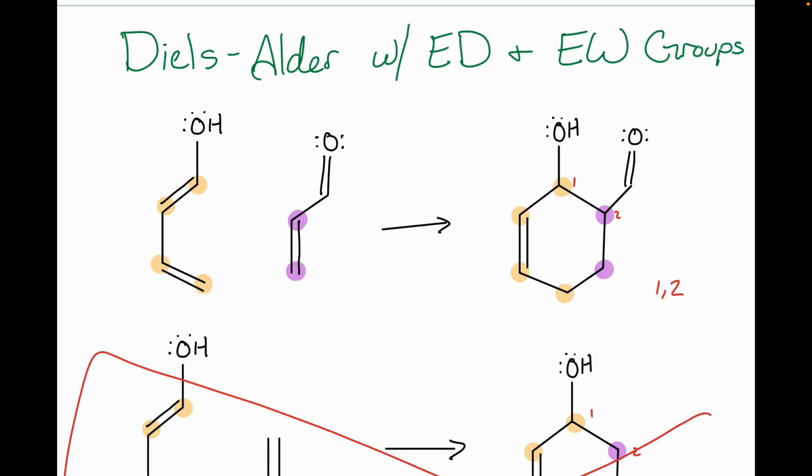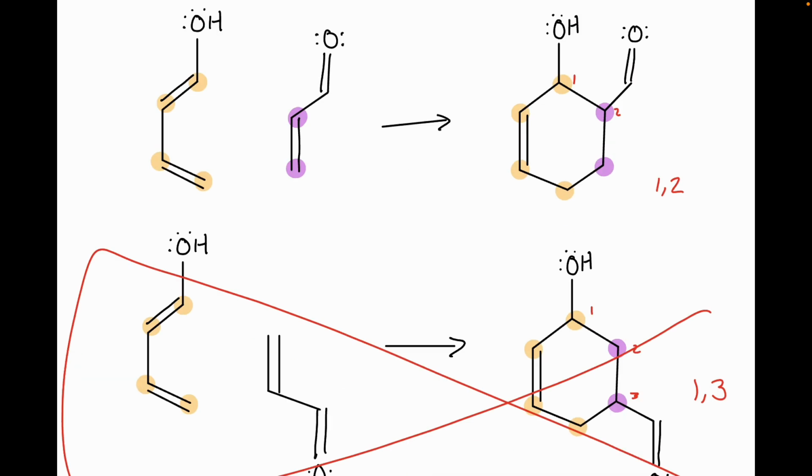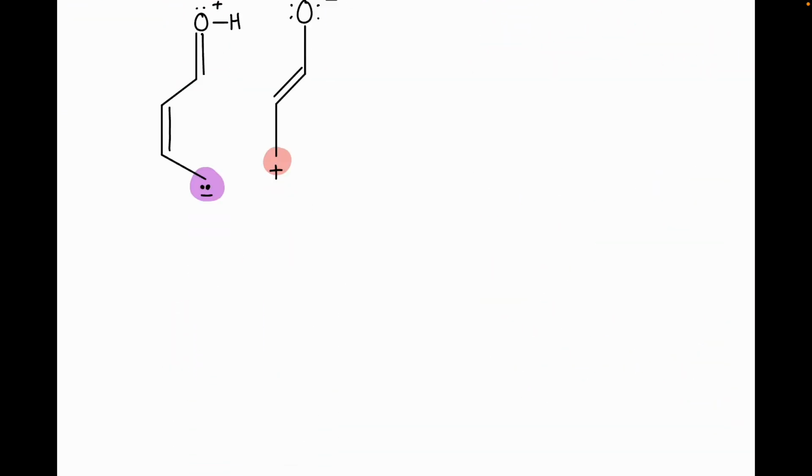All right, I'm going to do one more here, or rather I want you all to do one more here, and then we'll go through it together. This is kind of worst case scenario here. Now I have my conjugated diene, but it's got one of those special groups on there.